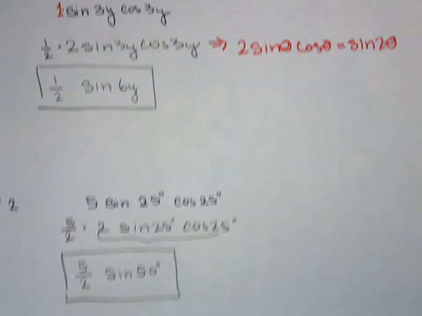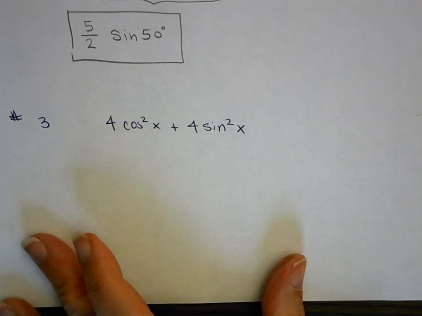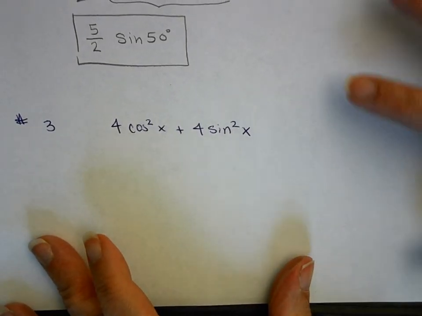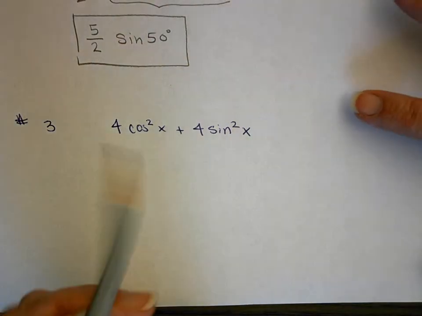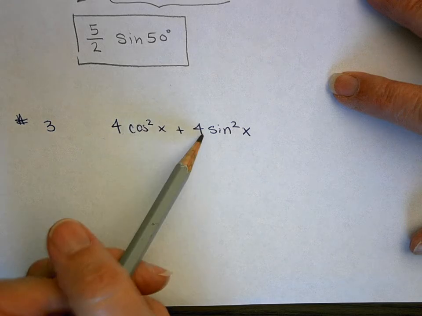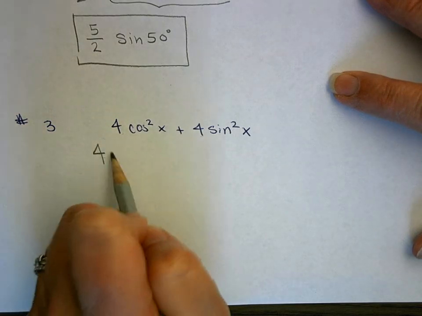And one more here, so this is a review on an old one. I don't have that product of sine and cosine, and I certainly couldn't make this a product of sine and cosine, but what I should be able to do is recognize that I have a coefficient of 4, so I could factor out that 4.